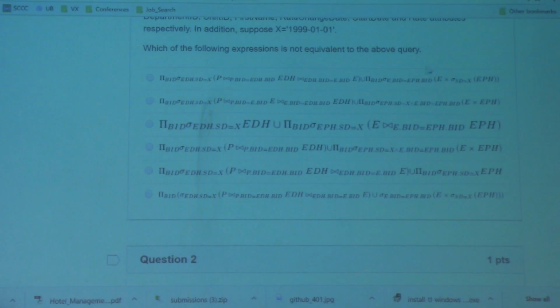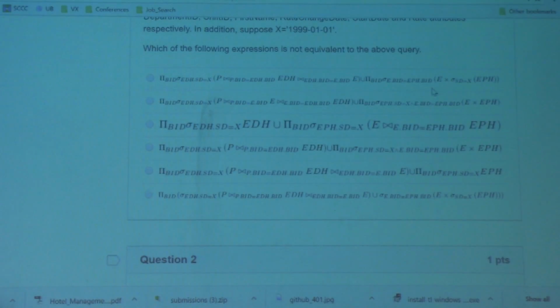We select a start date of the EPH multiplied with employee, and then the rest is putting the constraint that employee business entity ID is equivalent.